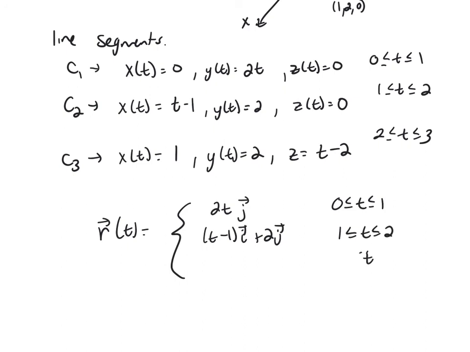And then finally, for t between 2 and 3, you can describe it as i plus 2j plus (t minus 2) k.